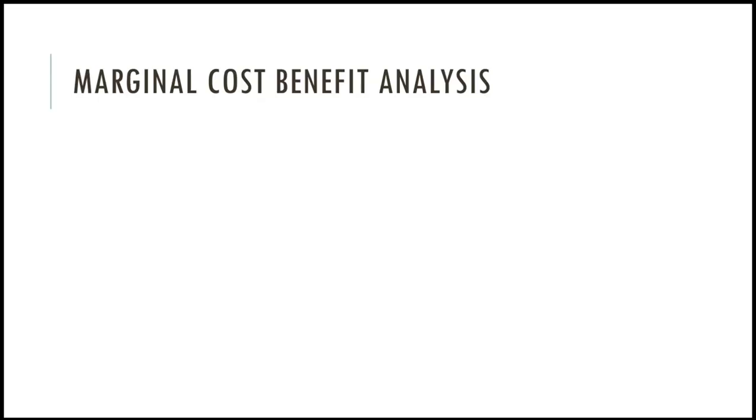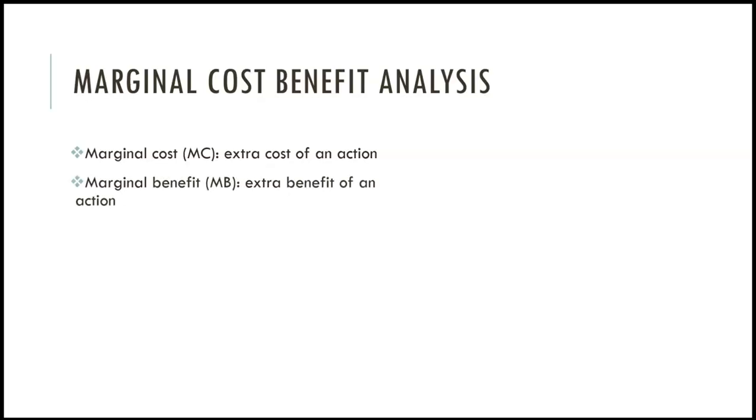So let's do some cost-benefit analysis. A marginal cost is the extra cost of an action, and the marginal benefit is the extra benefit of an action. So when we're doing marginal cost-benefit analysis, we want to say, what is the cost of one extra? What is the benefit of one extra?